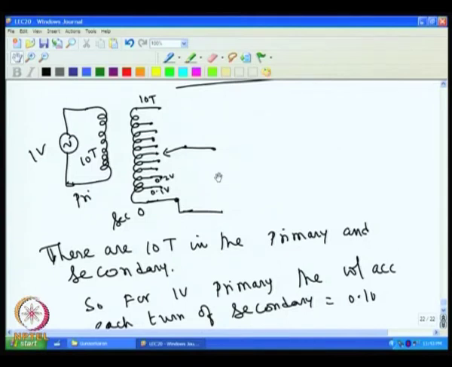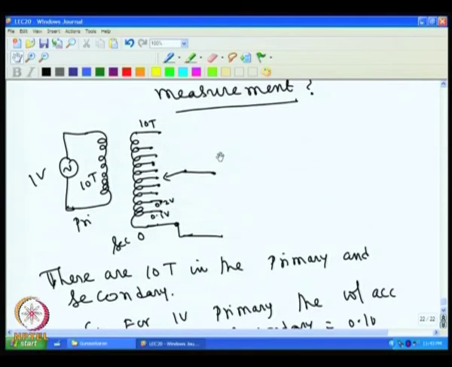Now, to make it more accurate, what is done is you add one more winding here. Normally, you take this and wind just 1 turn, so the voltage across this also will be 0.1 volt. Now, this can be taken and connected to this.